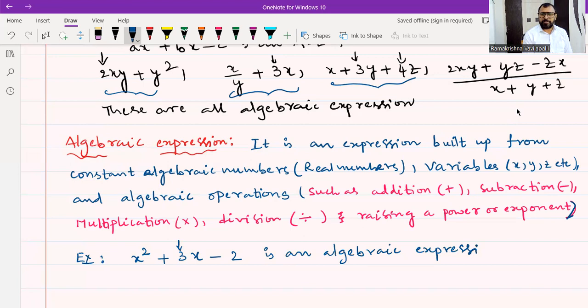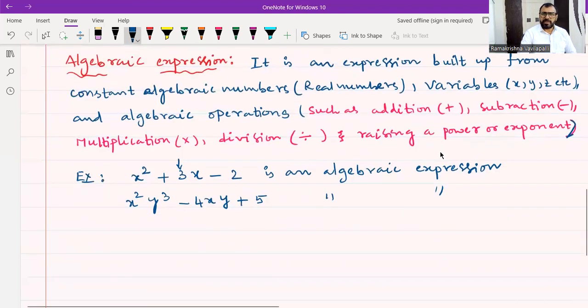You can create many algebraic expressions on your own, not only in a single variable, you can create them in many variables also. For example, x square y cube minus 4xy plus 5 is an algebraic expression. So this all comes under algebraic expressions. In these algebraic expressions, there are a few terminologies that I'll explain now.